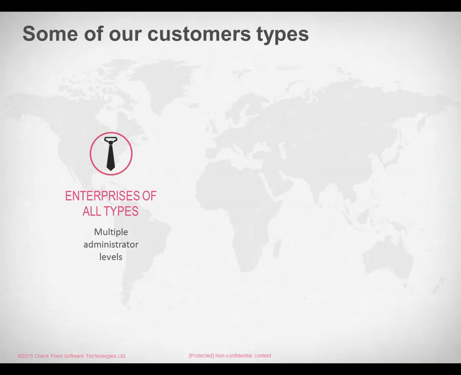Also, those organizations are looking into decreased costs by consolidating point solutions like IPS, firewalling, URL filtering, application control, sandboxing devices, networking, antivirus, etc. So these are some of the challenges that those enterprises are being exposed to today.